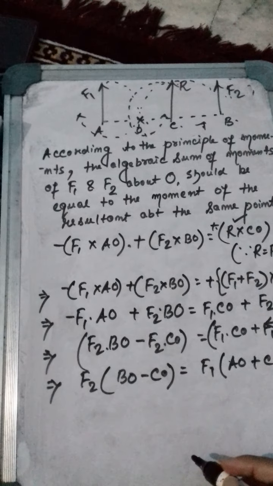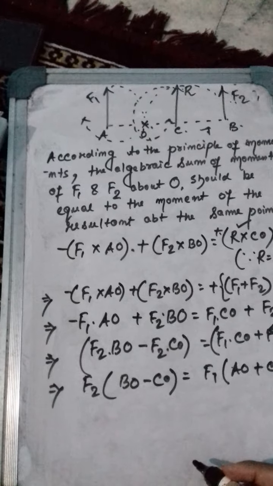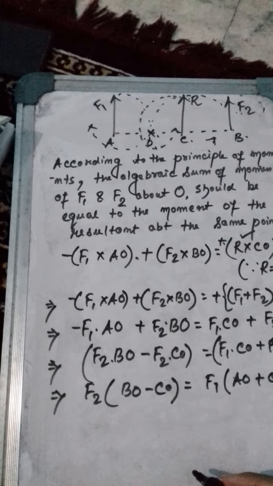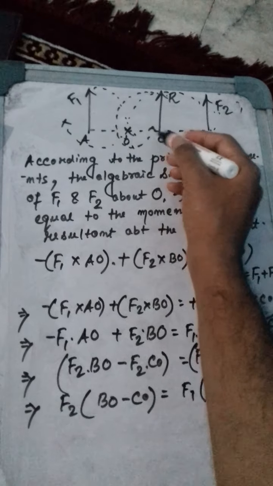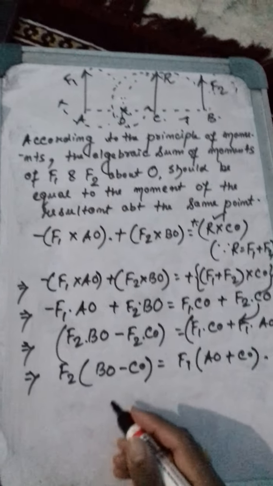Now what is AO plus CO? AO plus CO in total is AC. And BO minus CO is equal to BC or CB.